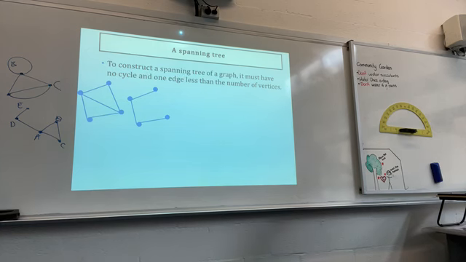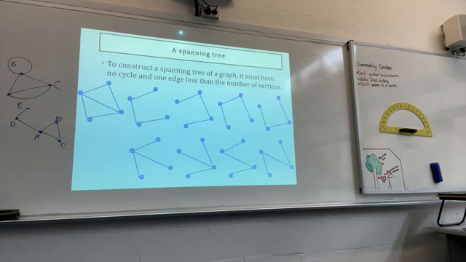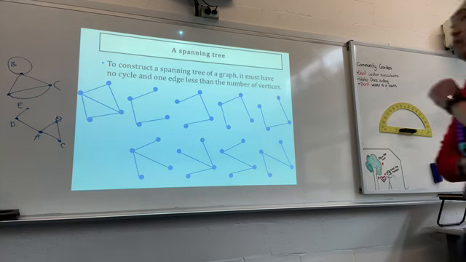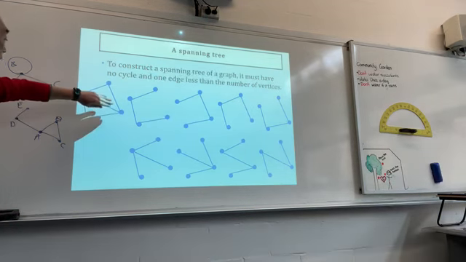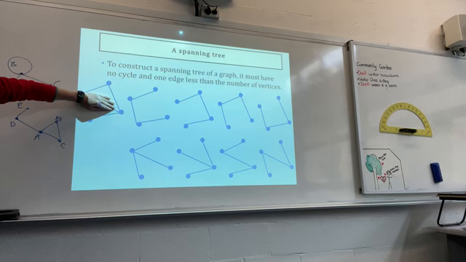So if you have tried it, this is what I've got. These are all the subgraphs from the original graph, and they are all spanning trees. See how I did that? First thing I did was I took away the diagonal.